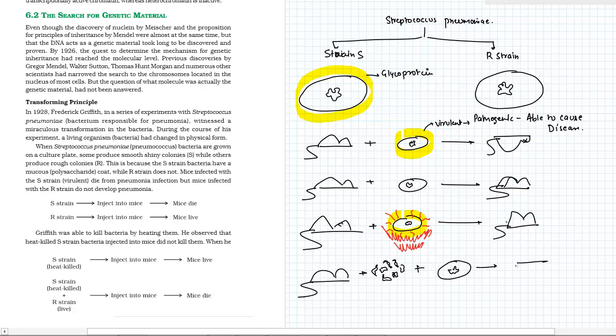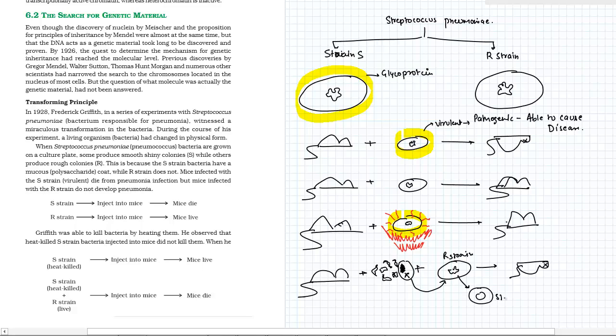Now the mouse died, and this was a very, very interesting observation. What did he conclude? That there was something, let us say this was chemical X, which somehow transformed this particular R strain into S strain.